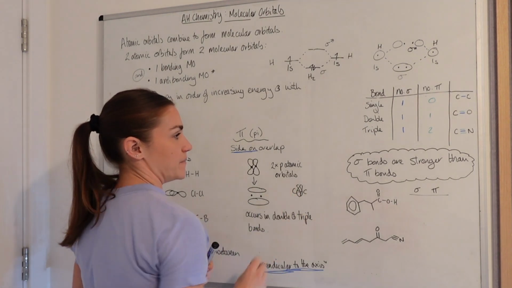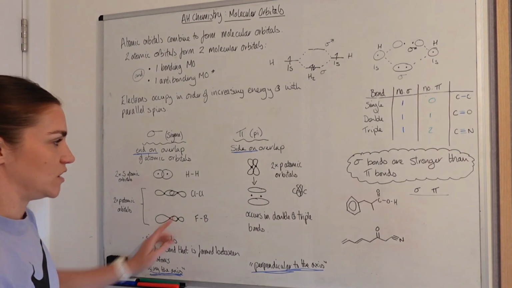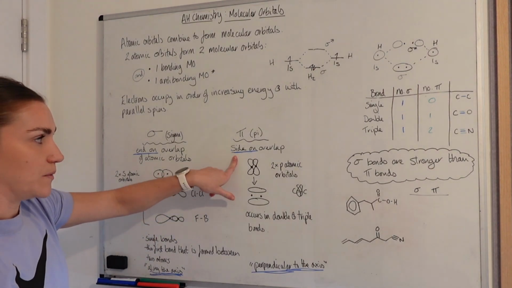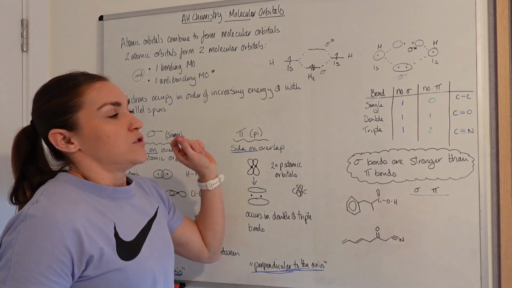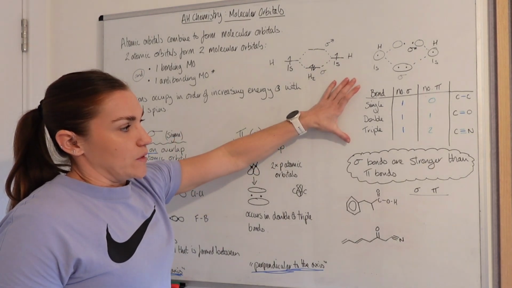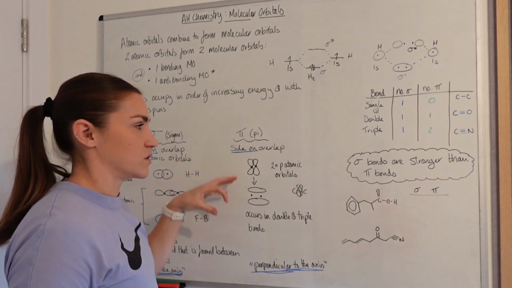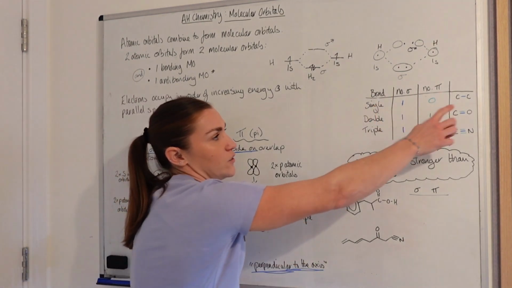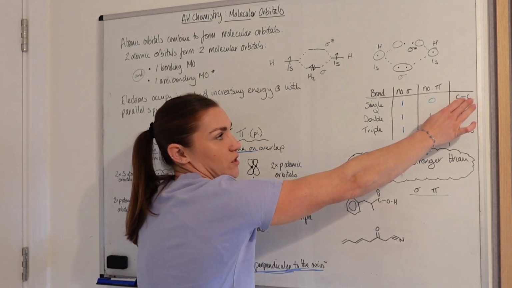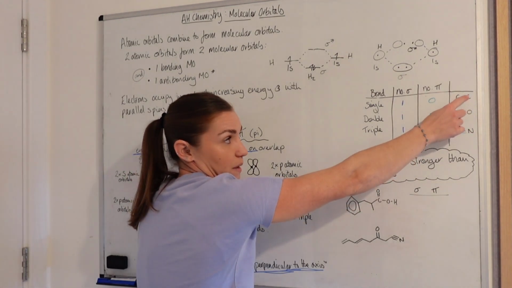Okay, so then just some other tips, and again you just need to know how to draw this diagram, what type of overlap is responsible for the creation of a pi bond. So this is my little summary table that helps with remembering how all of this ties together in terms of the structure of the molecule. If you have two atoms bonded with just a single bond, then there is one sigma bond there.